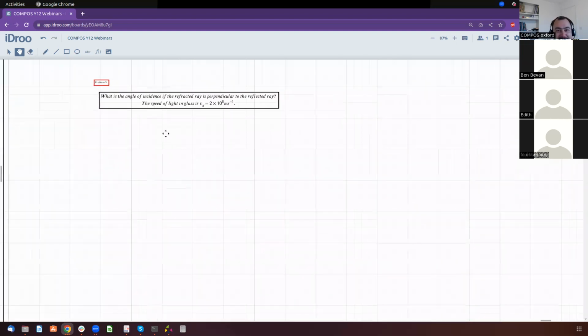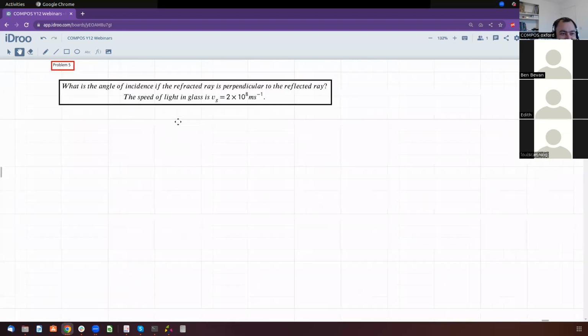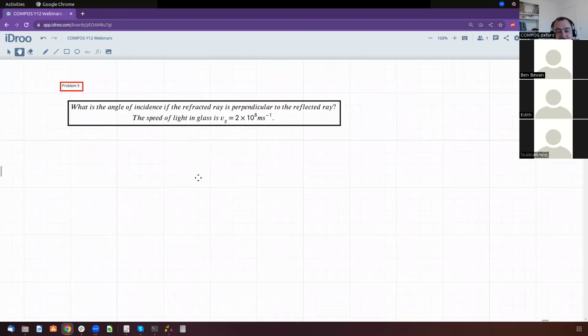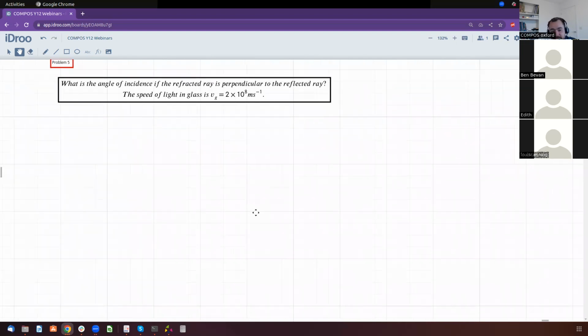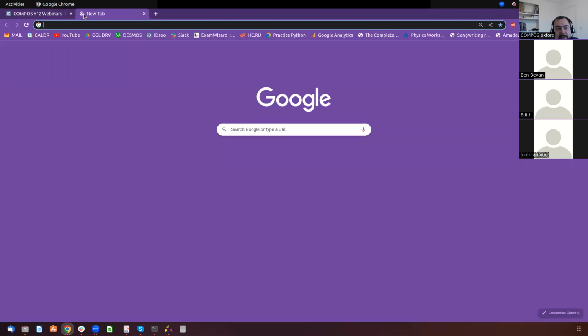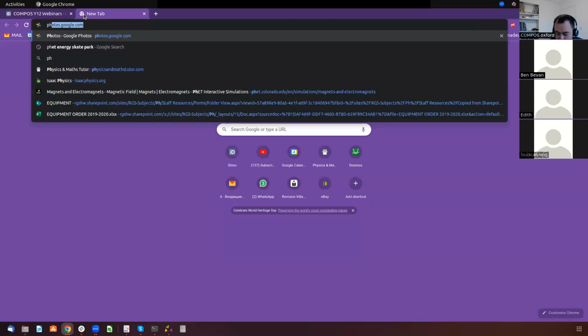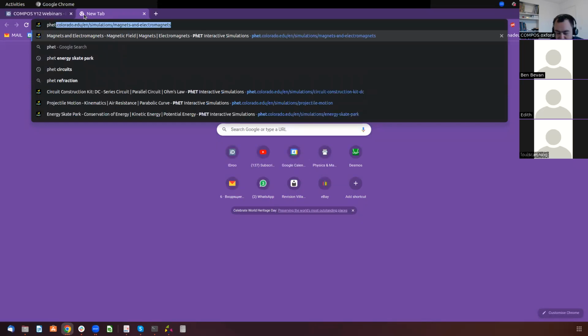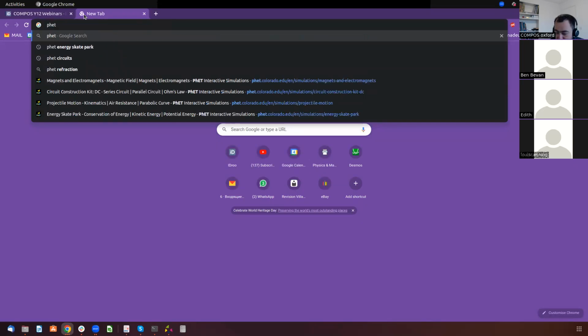Problem 5. I really like this one. What is the angle of incidence if the refracted ray is perpendicular to the reflected ray? Let's play around with some angles.